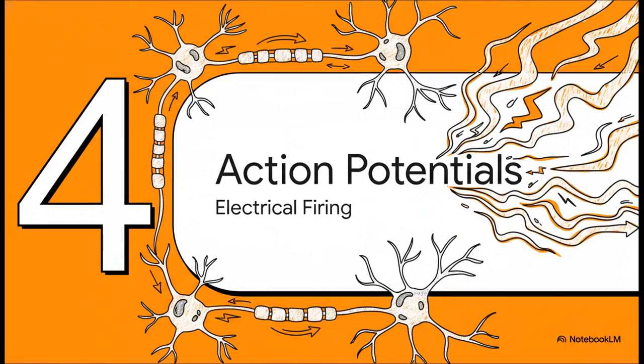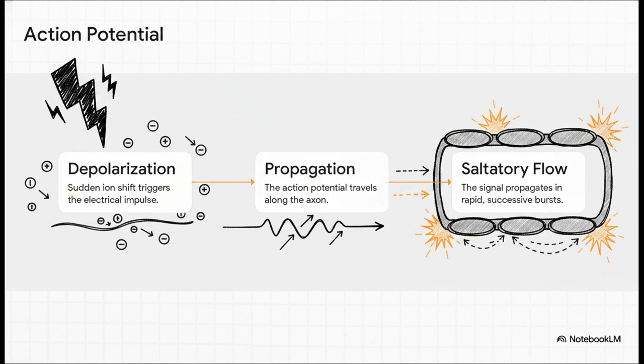Section 4. Action potentials and myelination. Now, let's talk about the mechanism of an action potential, because it's a true marvel of cellular biophysics. It starts with a rapid depolarization phase, driven by the opening of voltage-gated sodium channels, which allows a massive, localized influx of sodium ions right into the cell.